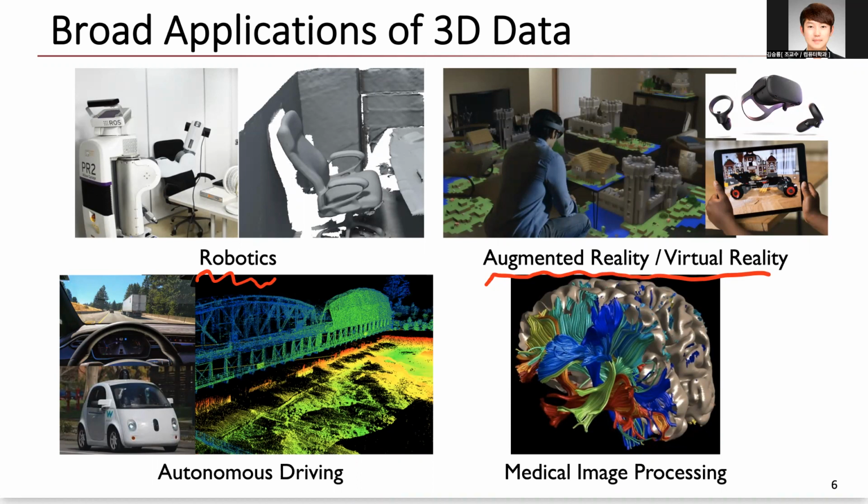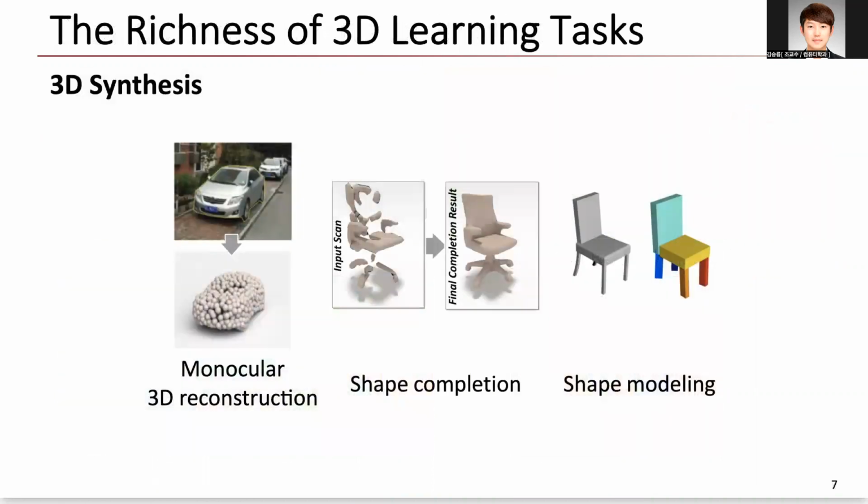We want to recover the 3D world, and then find matches between the real world and the virtual or augmented world. Autonomous driving is another one, and medical imaging, of course, such as CT or MRI reconstruction, is another medical image application. Anyway, there are many broad applications.